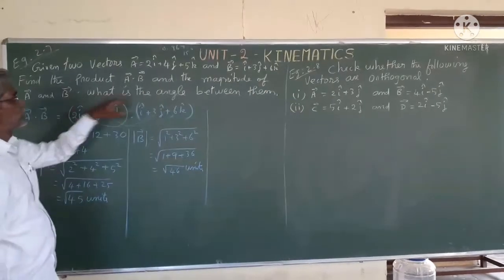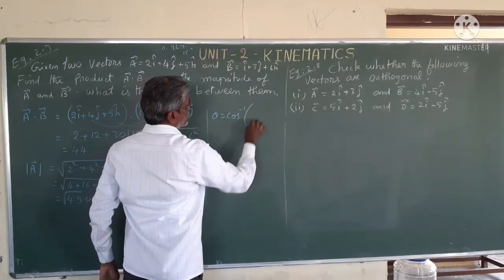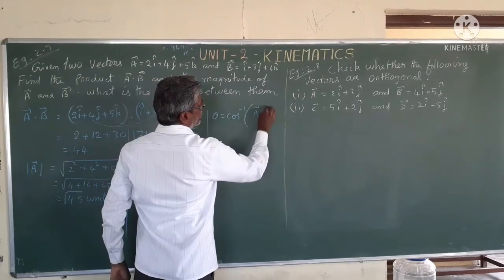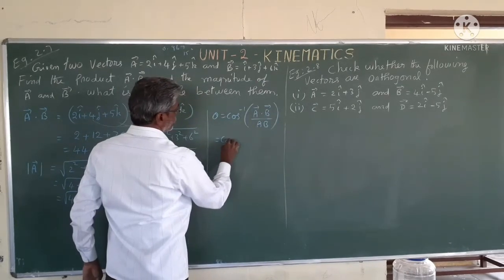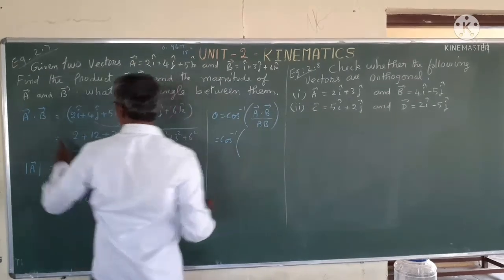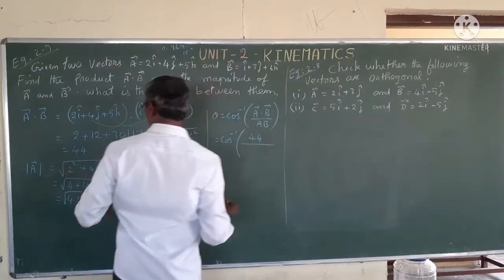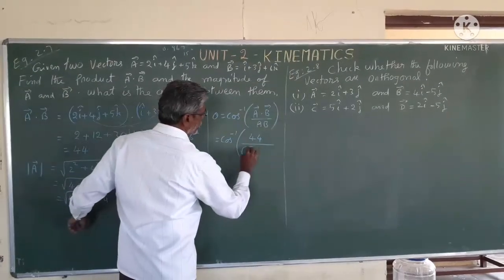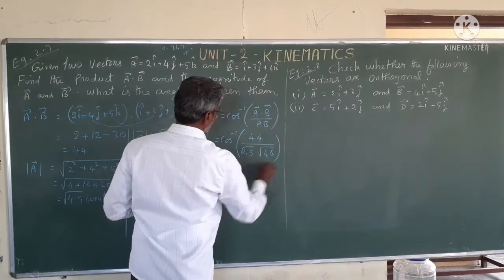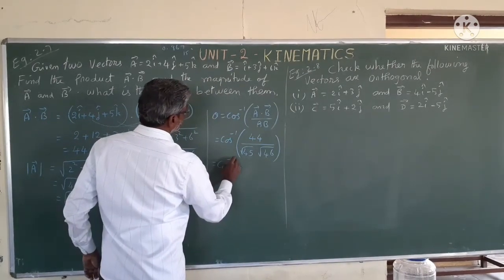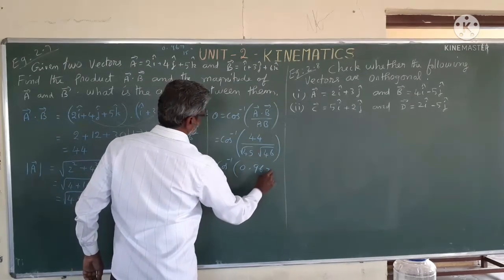Then we also find out the angle between them. So theta is equal to cos inverse of A vector dot B vector divided by AB. That is cos inverse of 44 divided by square root of 45, which is A, times square root of 46, which is B. If I simplify this one, I will be getting 0.967.